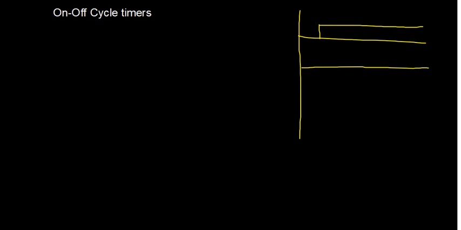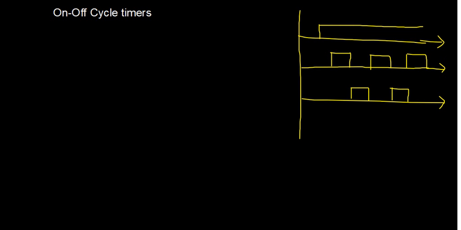We will have one timer operating for a particular time duration, something like this, and the other timer. So this is the timing signal. The other timer is operating only when the first timer is not operating, something like this.